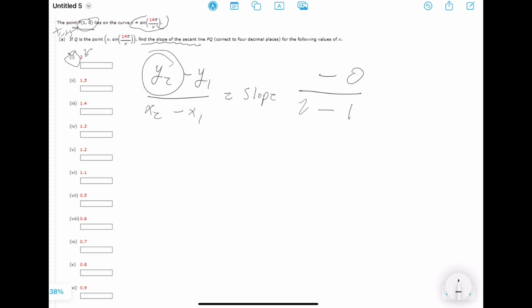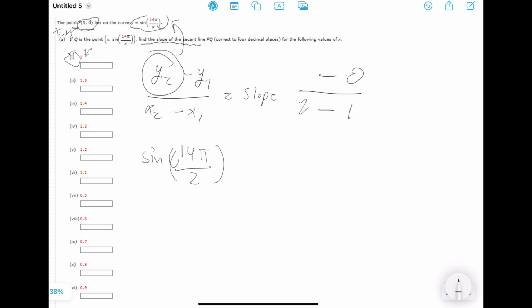In order to find y2, we're going to use this formula. So we're going to plug x in. We're going to find sine 14 pi over 2. Now, to find this sine 14 pi over 2, we have to break it apart.